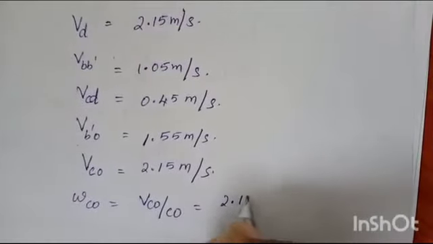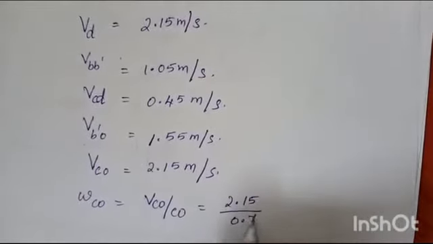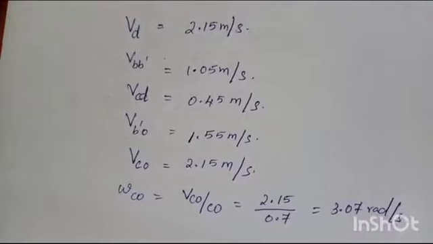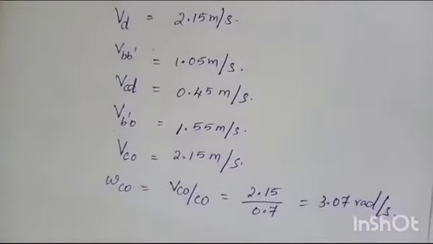So you may get 2.15 divided by 0.7, which is 3.07 radians per second. So this is your angular velocity of the lever. So we have found it now.